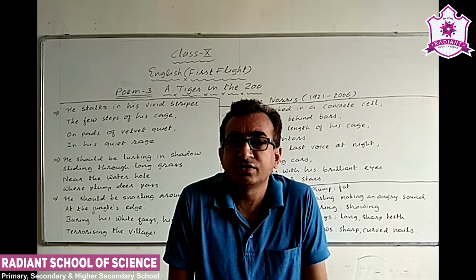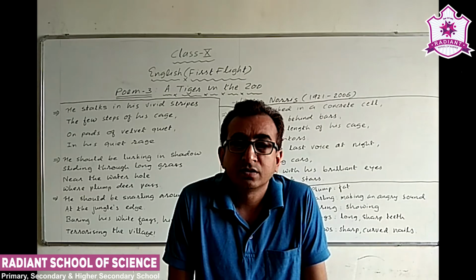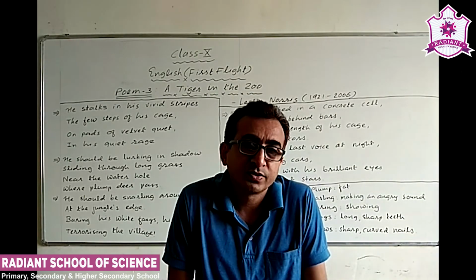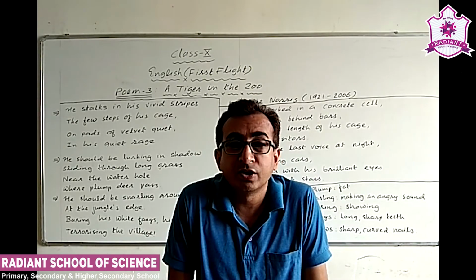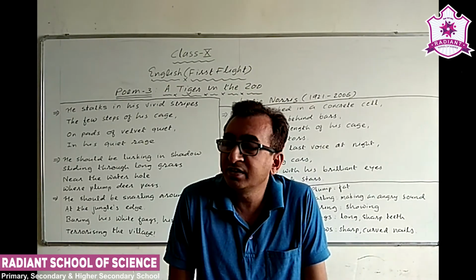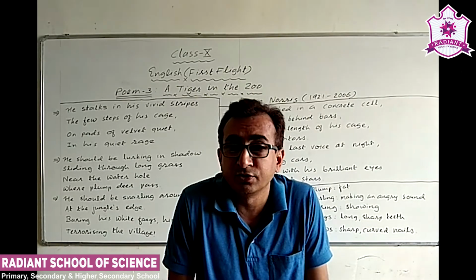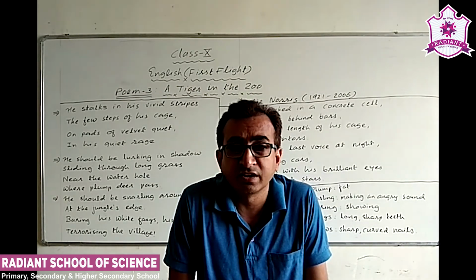So when we are in that situation, what we feel, we should understand the situation of the animals also. In case we are not happy to live in this kind of situation, then we have no right to keep the animals also behind bars or inside the cage.